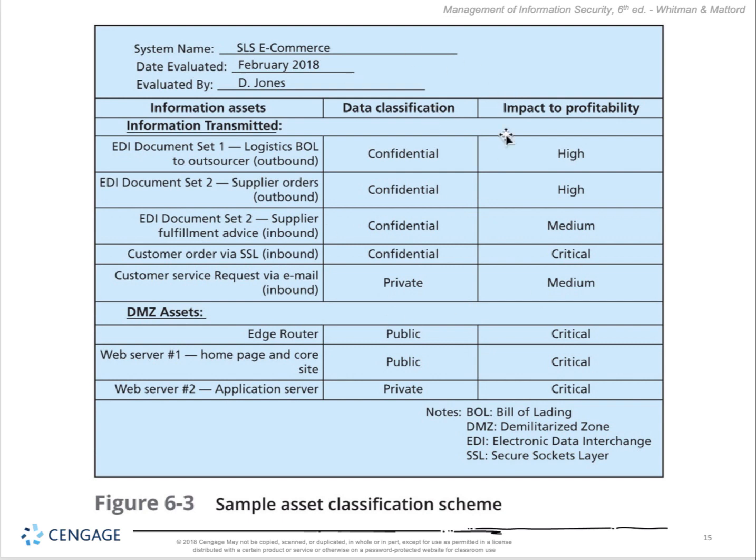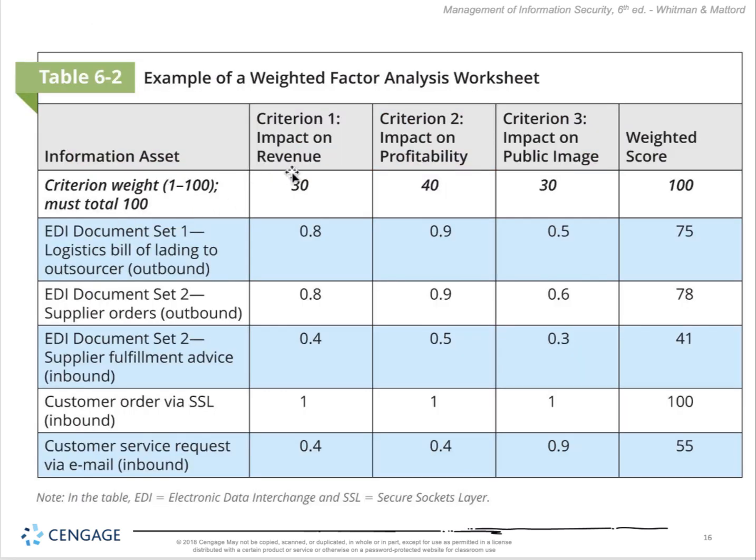But again, this is a technical comparison, and here we have a monetary comparison. The EDI document set 1, logistic bill of lading to outsourcer, outbound, right? The impact on revenue is 0.8. As the impact on profitability is 0.9. The impact on public image is 0.5.